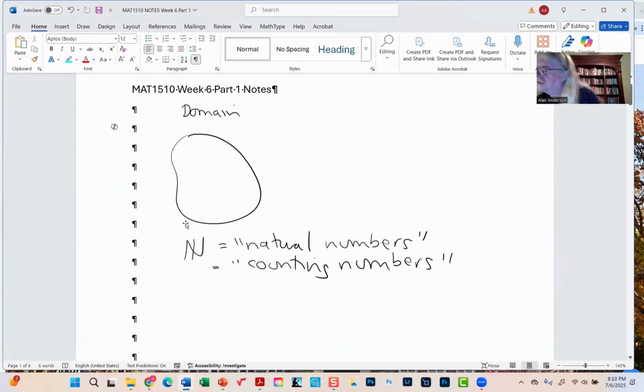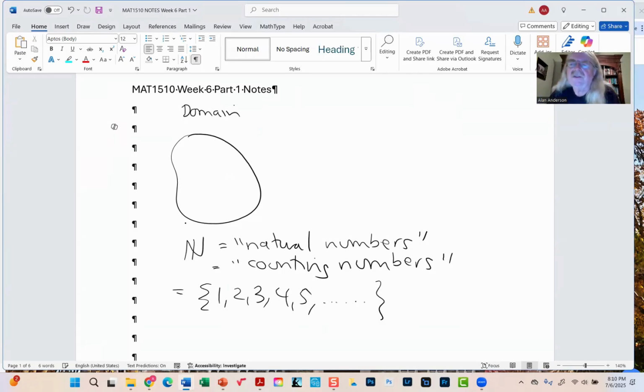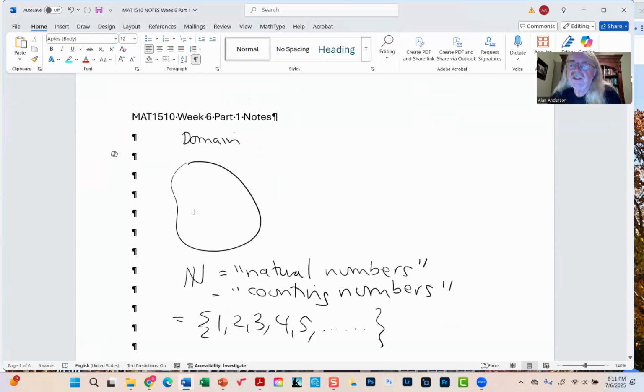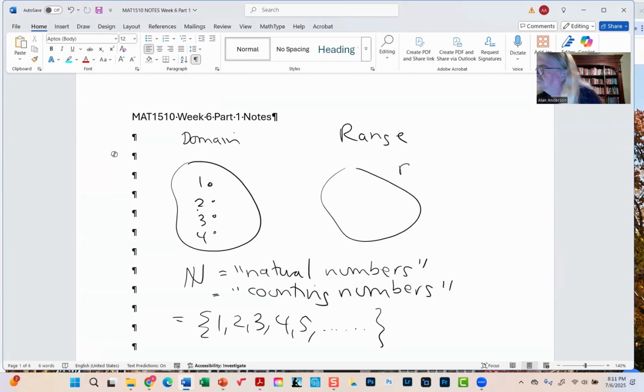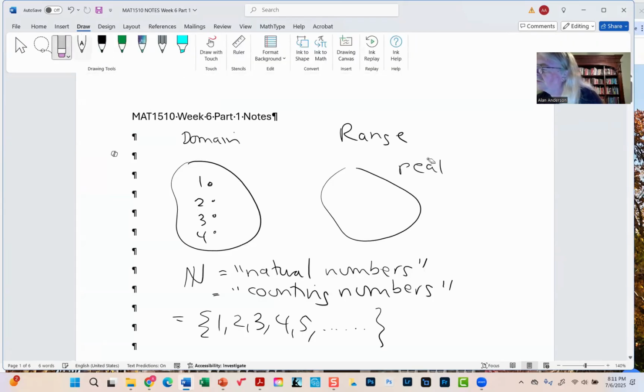In other words, it's the infinite set starting with 1, 2, 3, 4, 5, etc. So in other words, you can think of it as the positive integers. So that's the domain of a sequence. A sequence is a function that maps us from the domain all the way down to infinity. And then the range is just the real numbers. In other words, anything can be in this range.